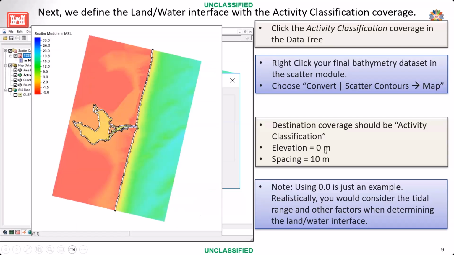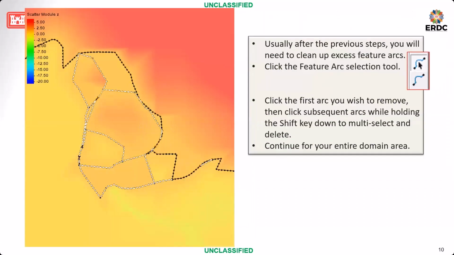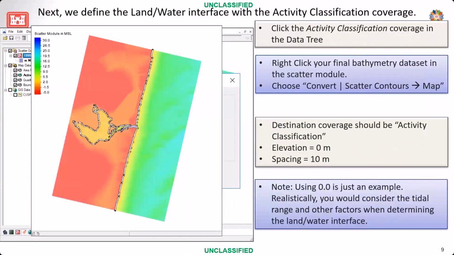So once we do that, this is the contour that we get from the scatter set. So we have this lovely polyline here, and it has all these points that define the features of our modeling space.